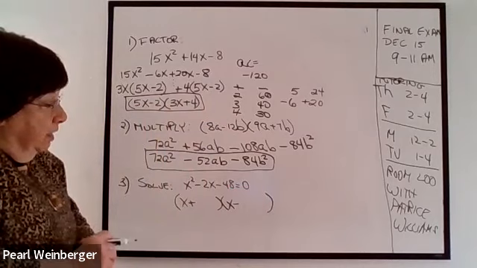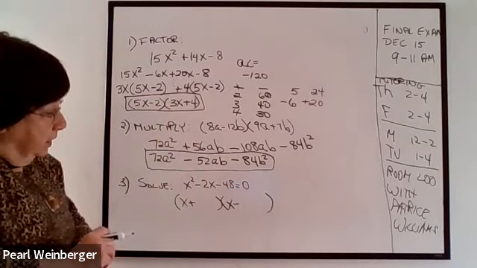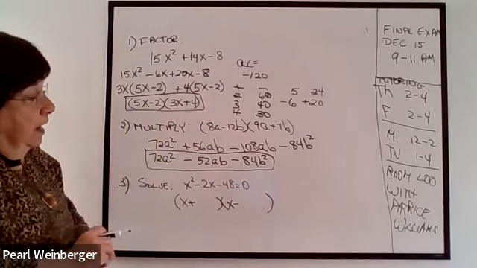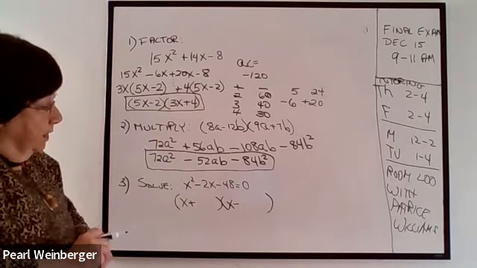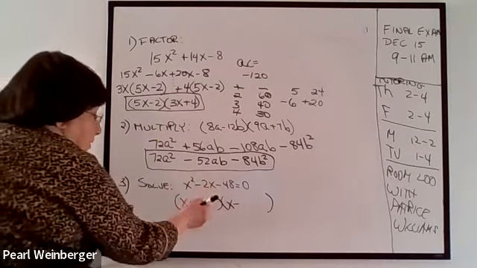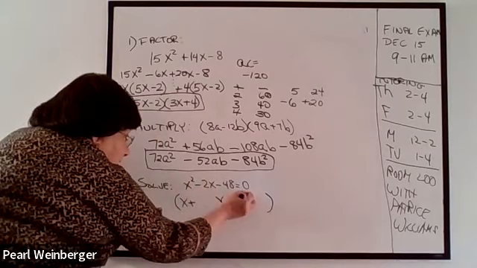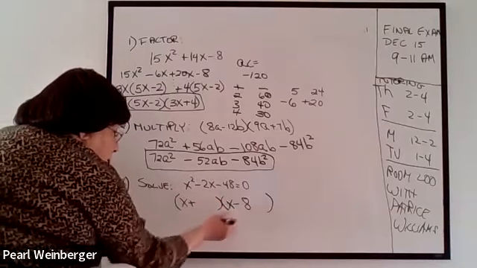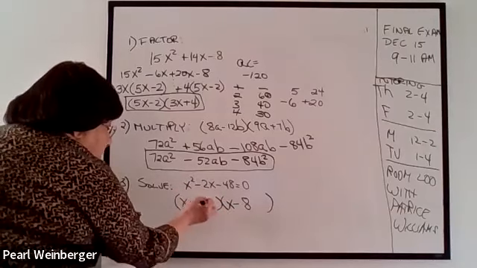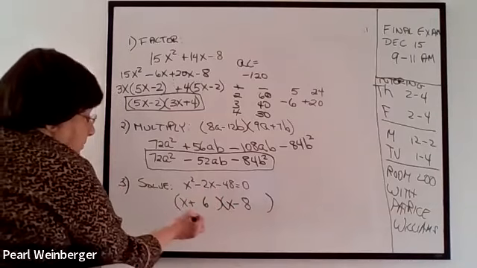And I think it's fairly obvious that the numbers should be 8 and 6. 6 times 8 is 48. 8 minus 6 is 2. And we're going to make the 8 the negative, because the negative sign in the middle term makes the larger number negative and the smaller number, the 6, positive.